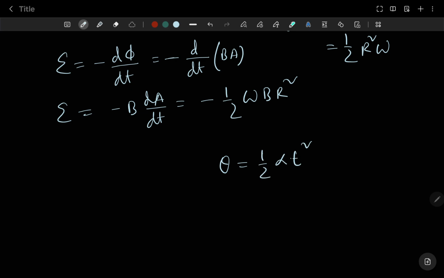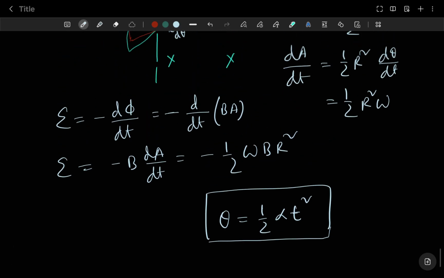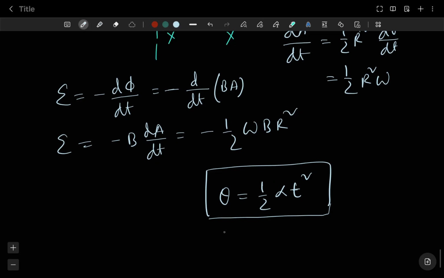You know the kinematical equation from class 11. Theta is half alpha t square, so d theta by dt, that is omega, will be alpha t. Then it will be half r square alpha t.